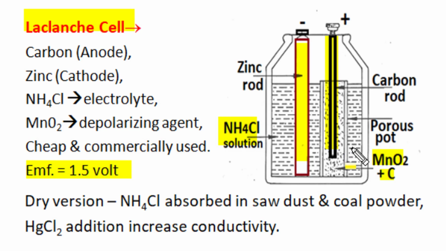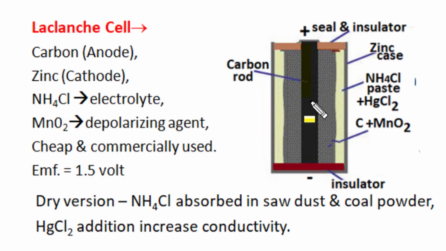For portable applications, in place of liquid ammonium chloride solution, we use a dry version of the Leclanche cell. In the dry Leclanche cell, the central carbon rod becomes the anode positive electrode and the zinc vessel becomes the negative cathode electrode. Electrolytic solution ammonium chloride is absorbed in sawdust and ammonium chloride paste is used as electrolytic solution, and to increase conductivity, a little amount of mercurous chloride is also added in it.